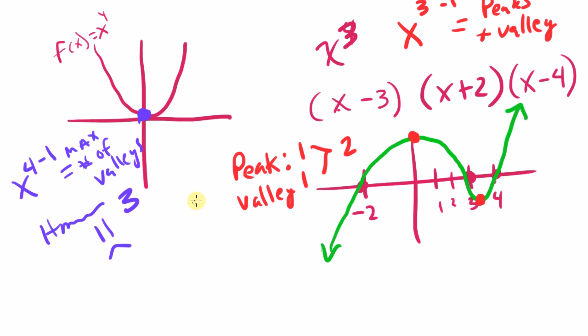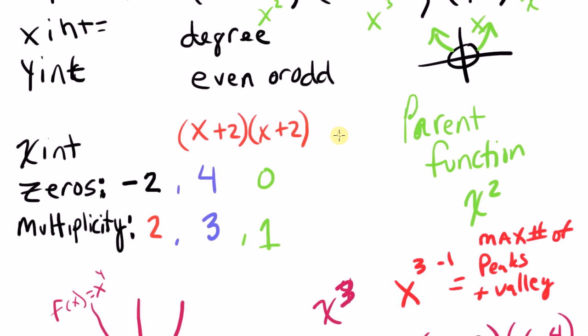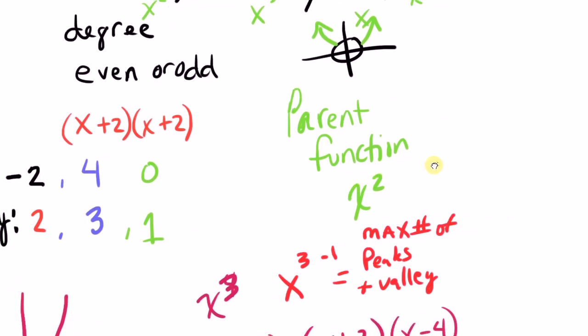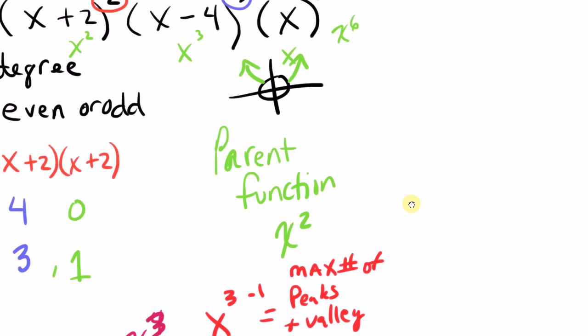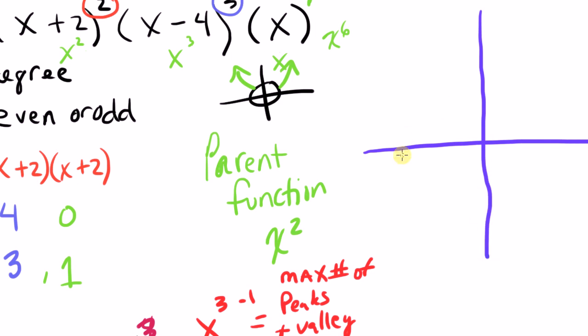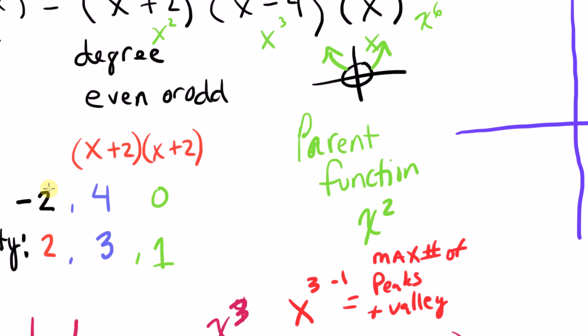Going up here to this function, we're going to go ahead and graph this. Okay, so I'm going to try to graph this baby. We'll go, okay, our zeros and our multiplicity, I'm looking right here. So we had -2, 4, and 0.